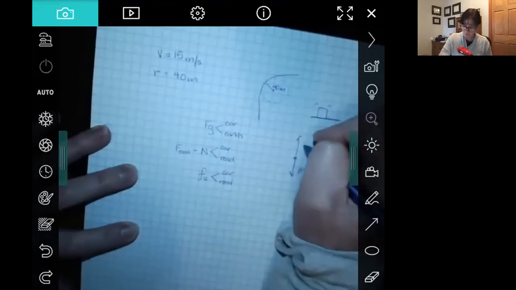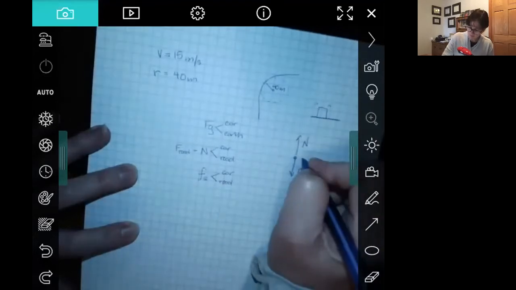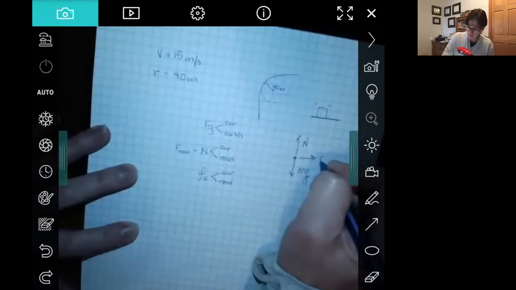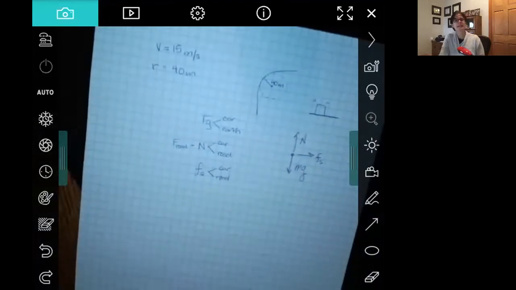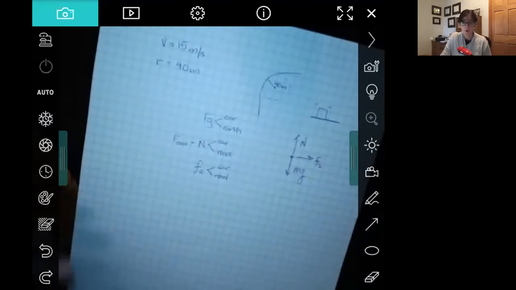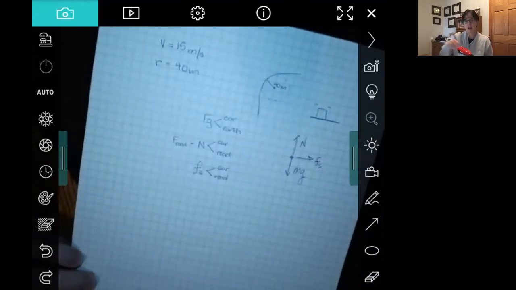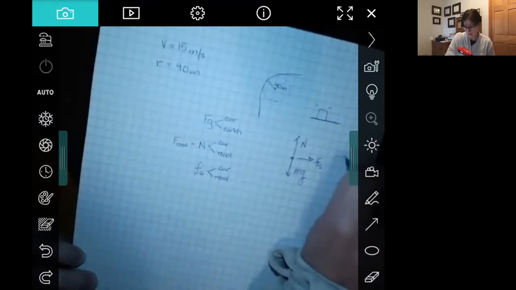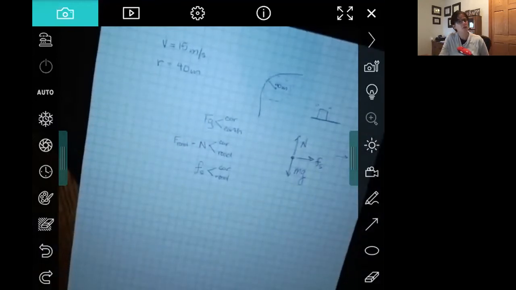We have the normal force, and then we have that frictional force, and it points in. The car wants to slide straight off the road, so the frictional force is in the direction towards the center. Now, as this car is turning, we know that the acceleration is towards the center.